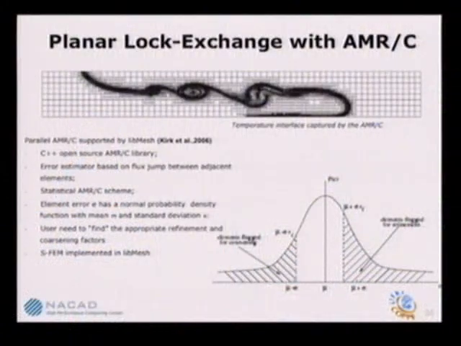There are a lot of error estimators for computing this based on a flux jump between adjacent elements. We use only the temperature gradient as an error indicator here. The element error E has a normal probability density function with mean M and standard deviation S, like this.